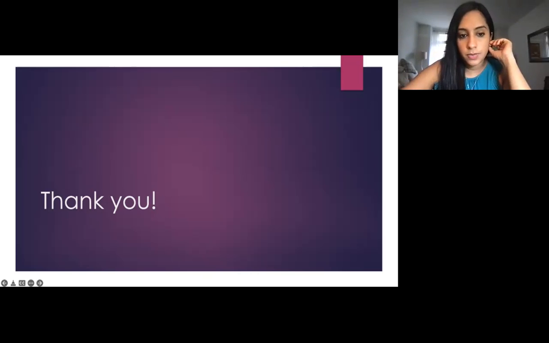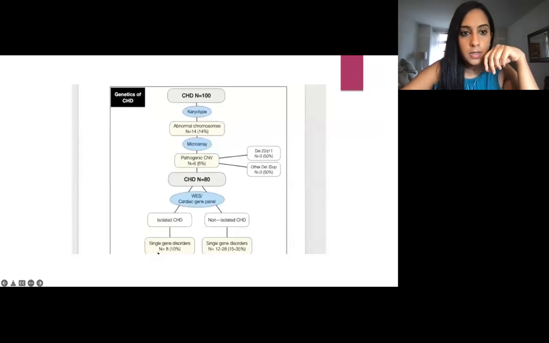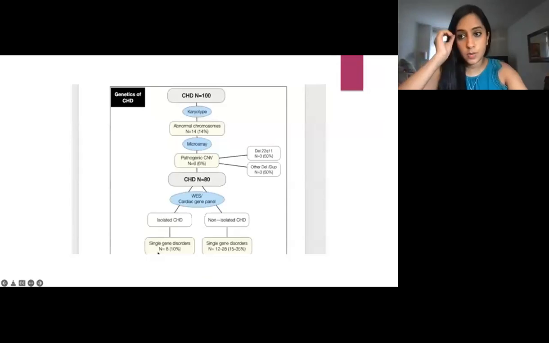Yeah, so I actually have one more slide that I put at the end in case genetics came up. I don't have a reference for this. It was a screenshot from a lecture I watched, looking at genetic testing when there was congenital heart disease: karyotype, then microarray, then breaking it down into whole exome, and whether single gene disorders were found, and whether it was isolated or non-isolated.